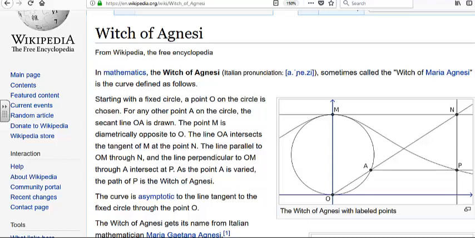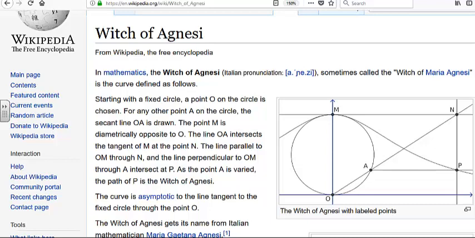So remember, a secant line is just a line connecting 2 points on a circle. So, okay, it's drawn. The point M is diametrically opposed to O. Oh, there we go. Okay, that's M. The line OA intersects the tangent of M at point N.